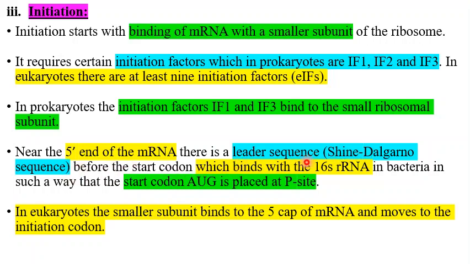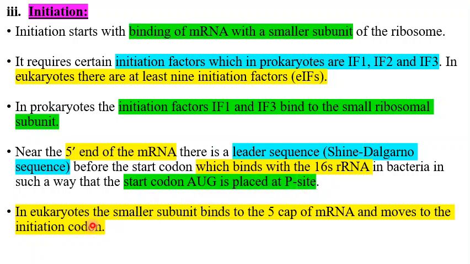And this sequence will bind with the smaller subunit. Obviously, binding will be between the mRNA and the 16S rRNA, which is part of the small subunit, and binding will be in such a way that the start codon AUG is placed at the P site.